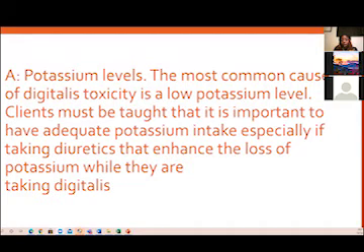And people who have congestive heart failure may be taking digitalis and Lasix. Lasix is a potassium wasting diuretic. What that means is that Lasix makes potassium leave the body. So if that person is taking Lasix, which causes potassium to leave the body, and digitalis on top of it, a low level of potassium will cause toxicity.